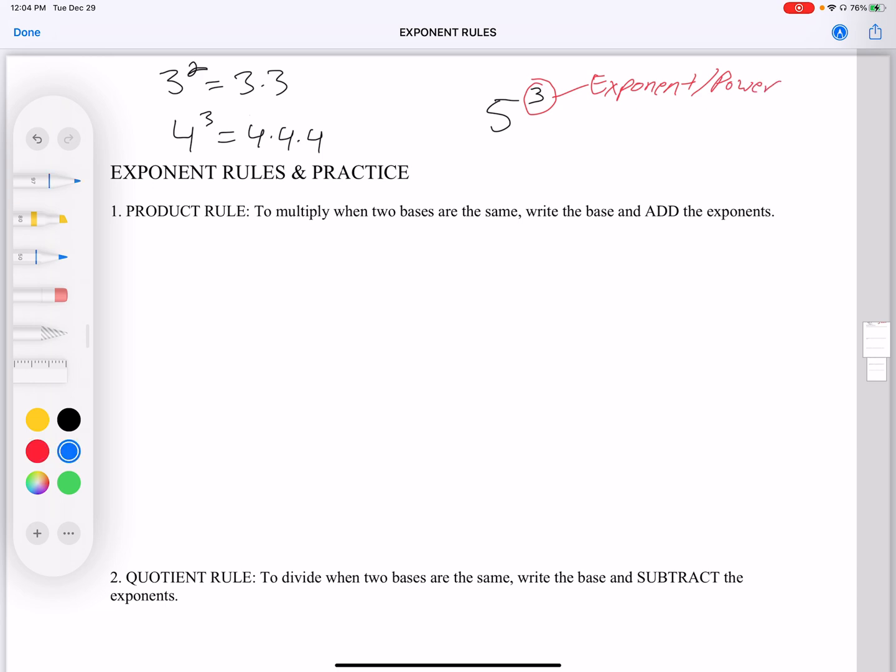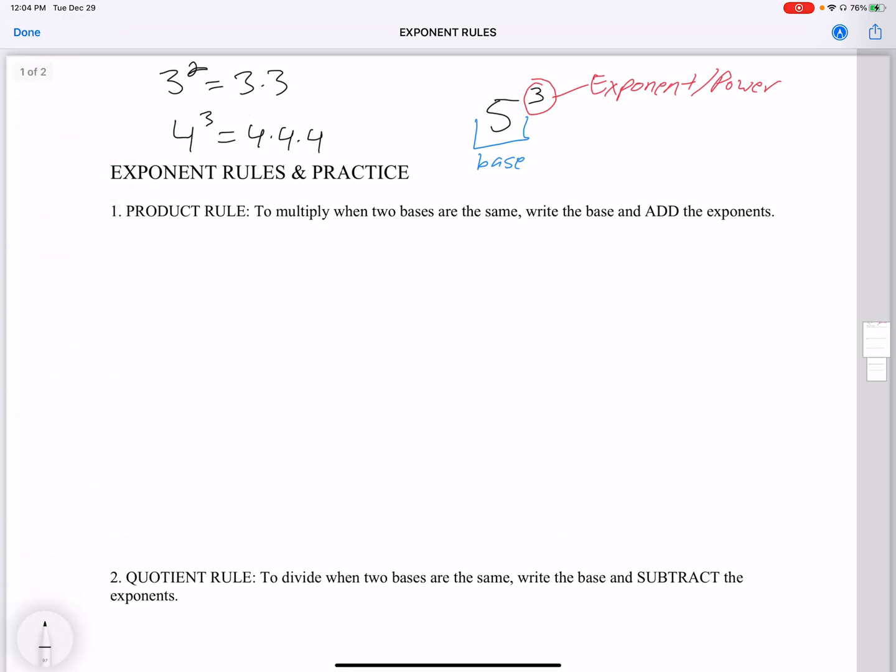And 5 ends up being the base. We can see a bunch of different examples of that. We've seen this a million times. Anytime you raise a number to a power, the base is the number that's being raised to the power, which is the exponent.